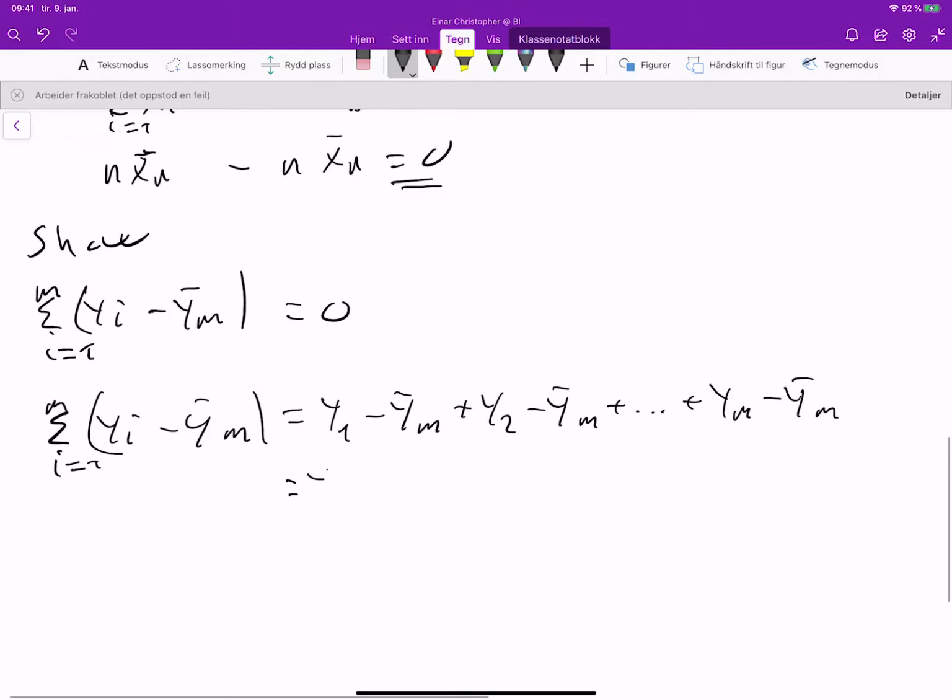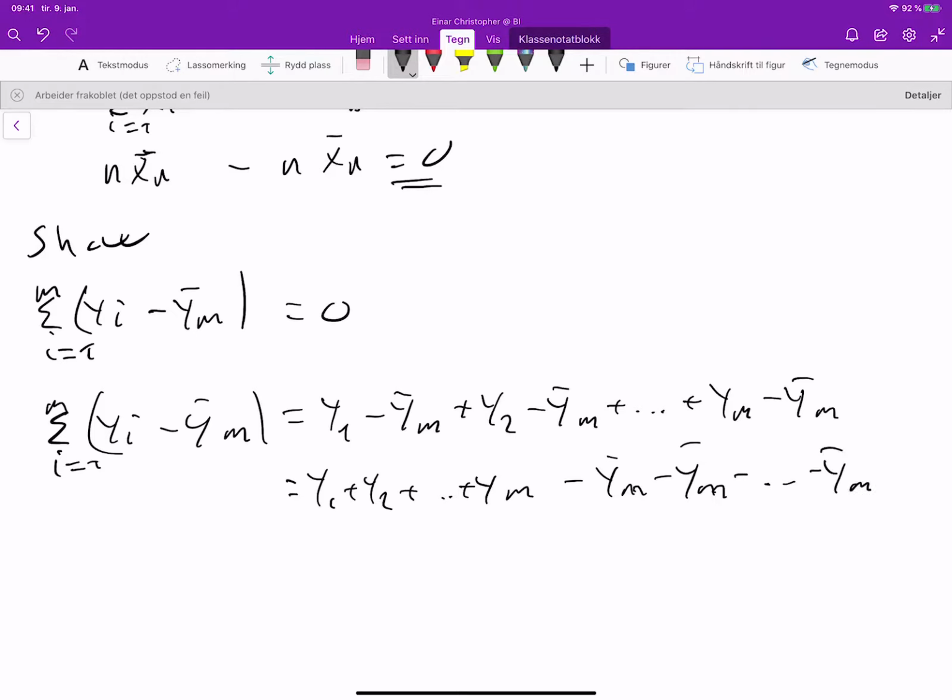And then we have y1 plus y2 plus ym minus y bar m minus y bar m, and so on. And this is nothing else but the sum over the yi's from i equal 1 to m and minus m y bar m.